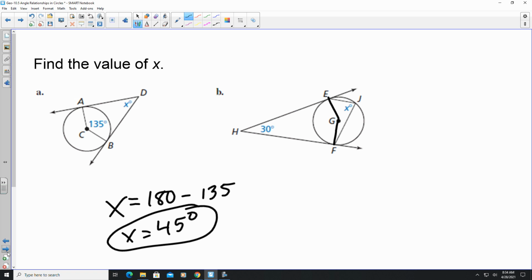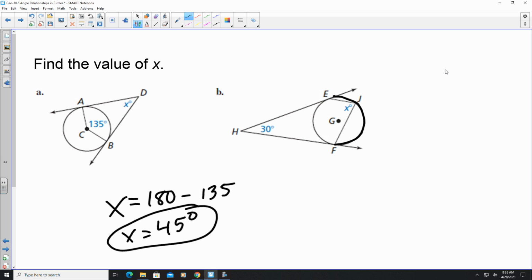In order to find FGE, we can look at the arc measure with respect to the 30-degree mark. So you can say that arc EJF, this arc measure right here, is going to be simply, hold on.